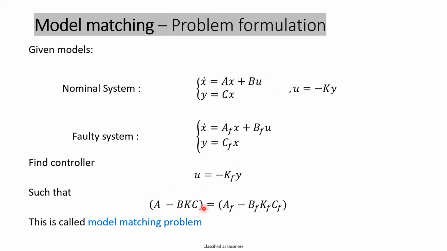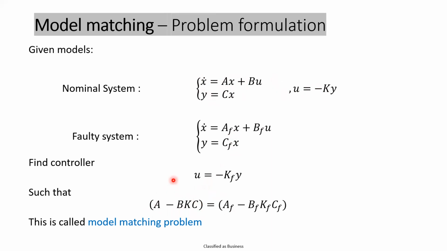If it is state feedback, then x dot would be A minus BK multiplied by x. If it is output feedback, then you have BKC. So this equation shows whether we have a state feedback or output feedback.